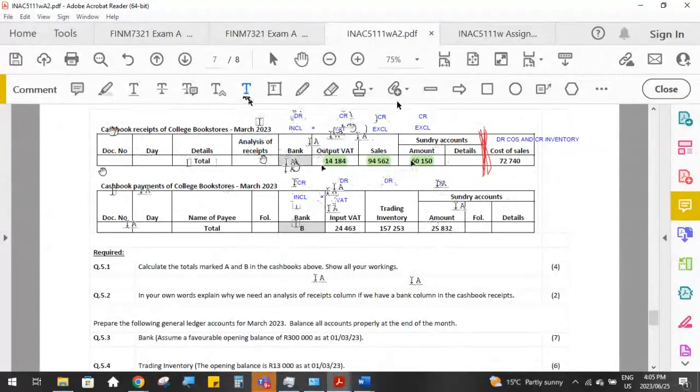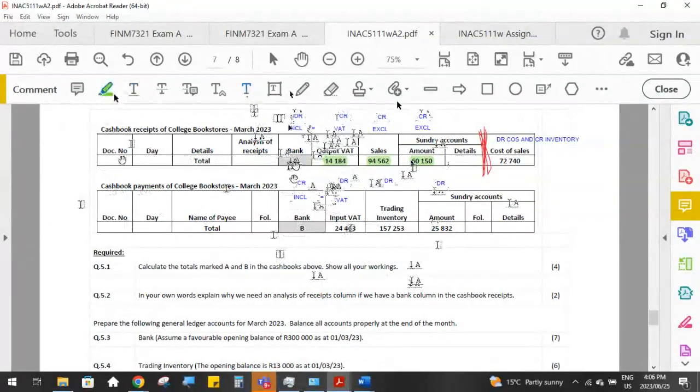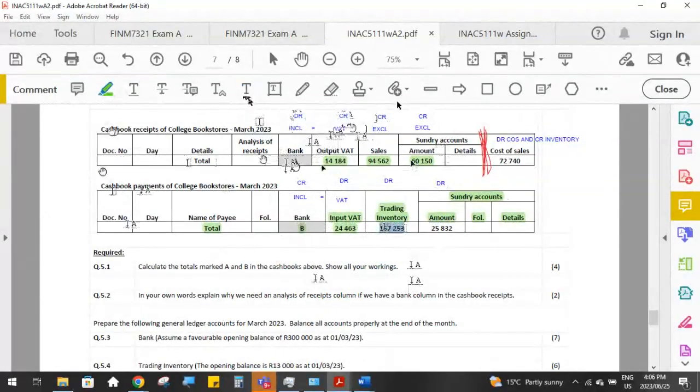So all of these amounts on the right-hand side added together will equal the left-hand side of my journal entry. So for cash book payments, input VAT plus trading inventory plus sundries will equal my amount for B.